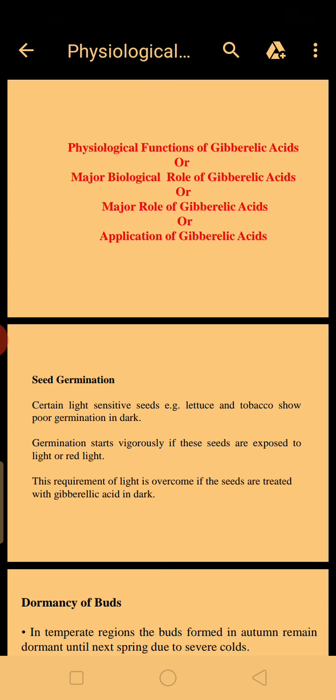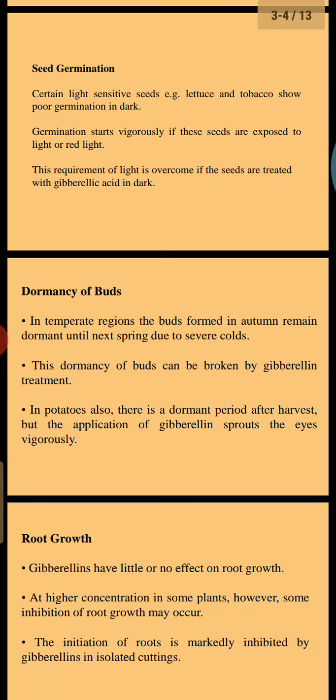Come to the next point, slide number 3, dormancy of buds. As you know, I taught you a lot during the practical classes regarding dormancy and the breaking of dormancy. In the temperate region, buds form in the autumn generally and remain dormant until the next spring season comes. During this period from autumn to spring, dormancy of buds can be induced much more.